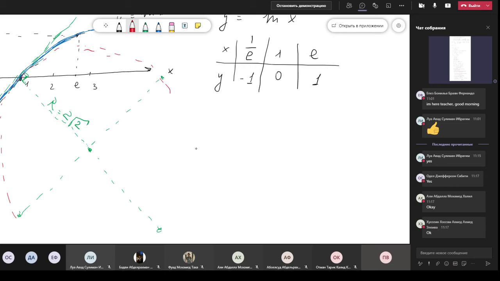Approximately our circle with radius 2 root of 2, our circle. Understand? Clear?